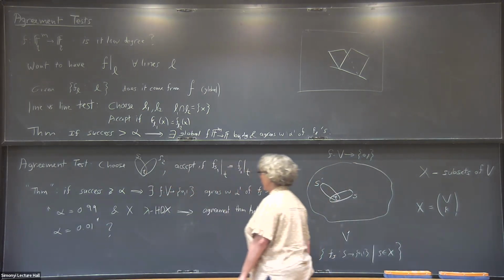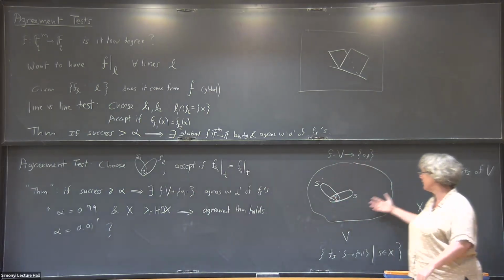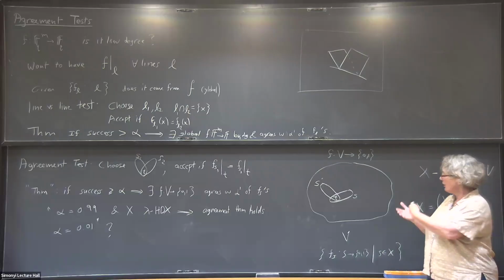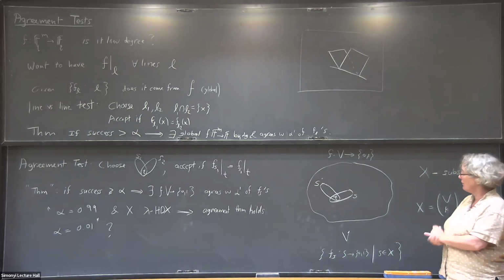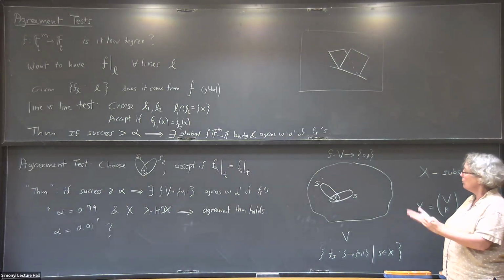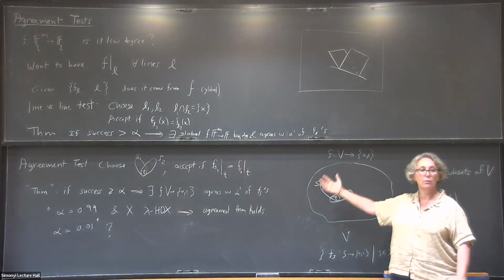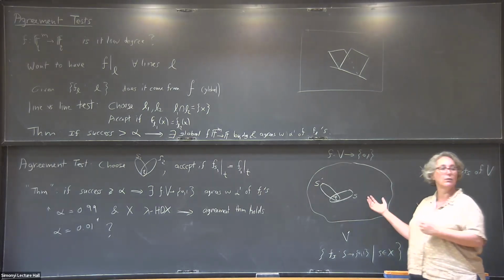So what happens in the small acceptance regime? You have a collection of subsets that is something special. It comes from some HDX. You know that every pair agrees with some probability alpha that's very small. And you want to conclude this list conclusion, that there must be a list of global functions that agree with it and explain all of your agreement.